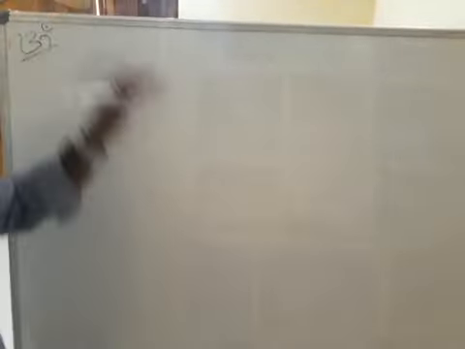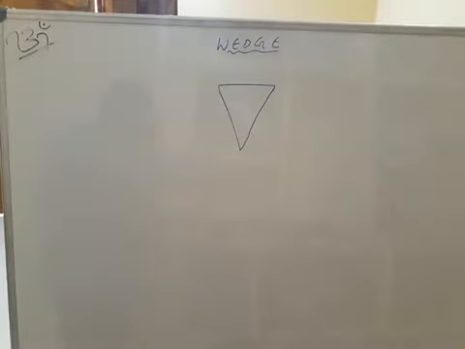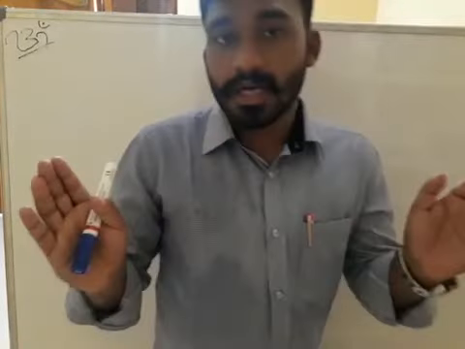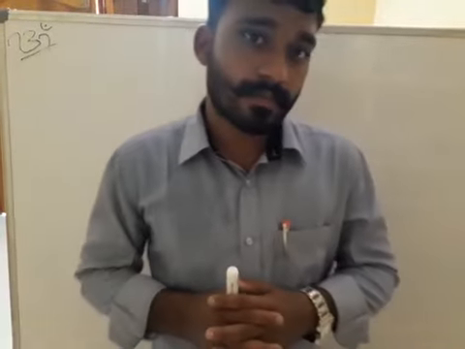Wedge. Wedge is a simple machine which is used to either split up wood or join wood.